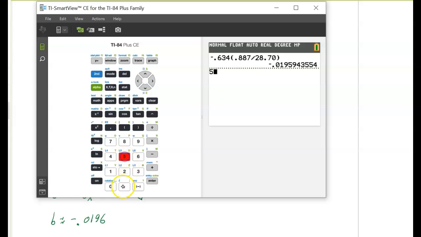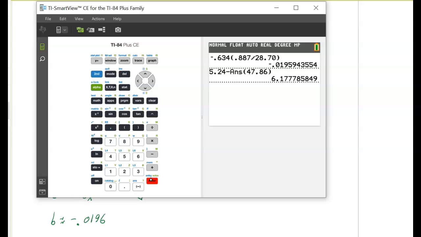So we're going to do 5.24 minus, and some of you like the answer button, so I'm going to press second answer, and then times 47.86, and that will get me the y-intercept.